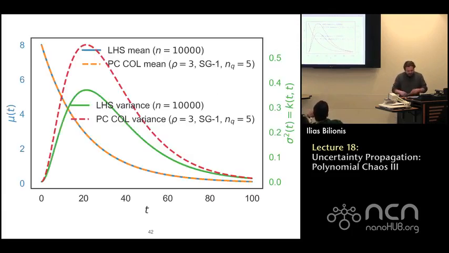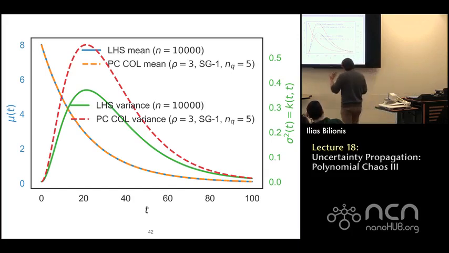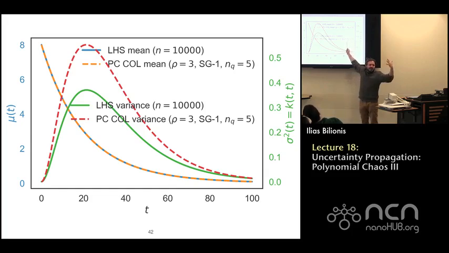Okay? So, but now you have to make two choices. You had to make two choices before, but I didn't really tell you about it. You can pick the polynomial degree of your expansion, and you can also pick the level of the sparse grid that you're using. So here I'm showing you the result with polynomial degree 3 and sparse grid level 1, which has 5 quadrature points.